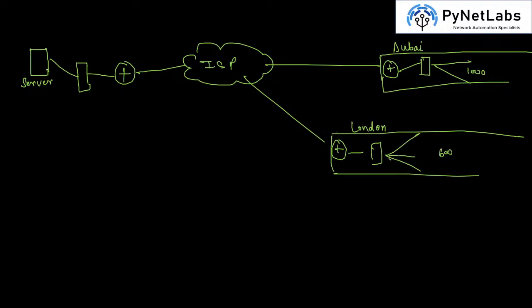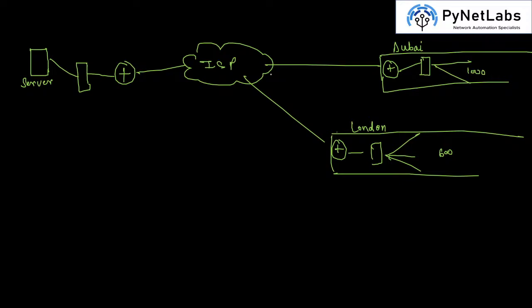Now this server is hosting the application which is required by these 1000 users or by these 600 users, who are my employees. In some organizations there are specific applications which are used by the employees, and the employees can access these applications which are hosted over some server which is not even connected to me directly, or is not near my location, and they can still communicate, because this server is hosted over the internet and they are also connected to the internet.